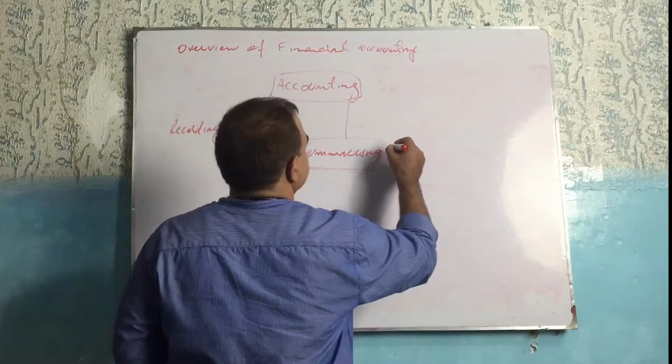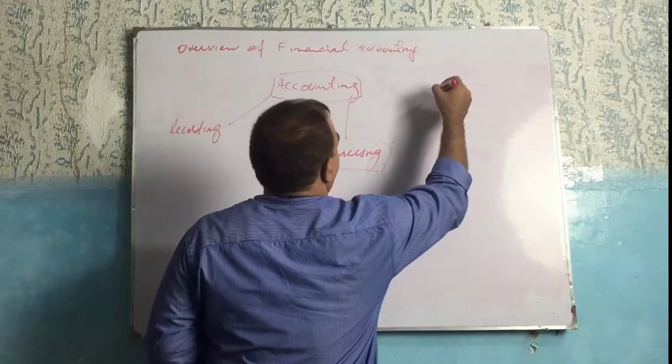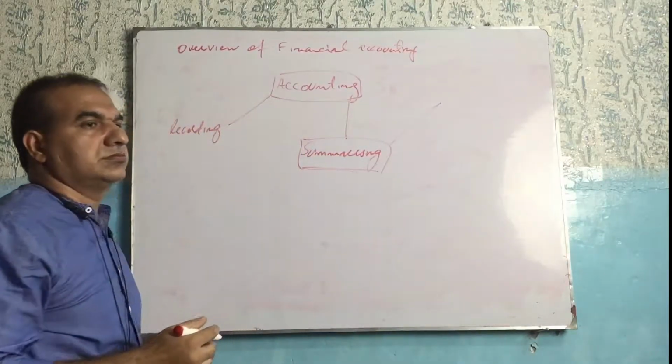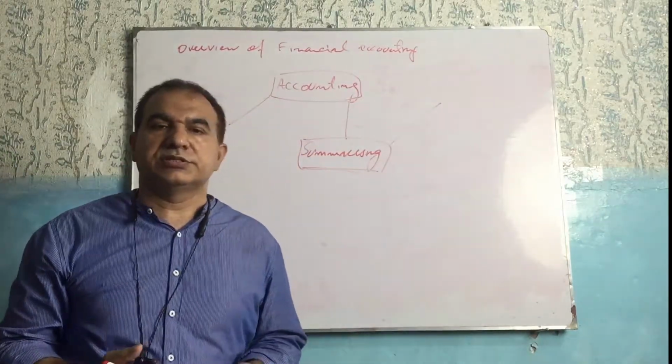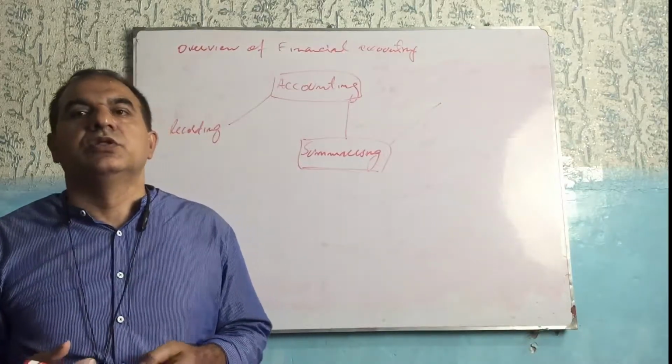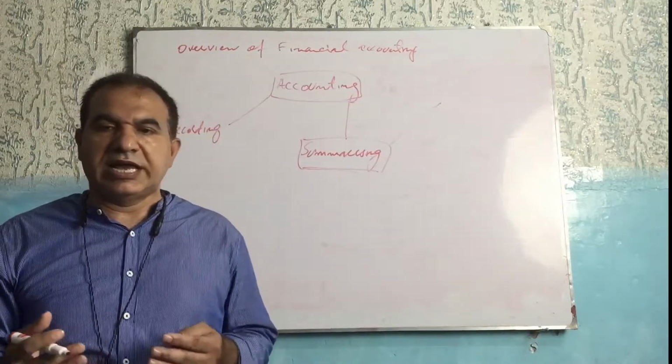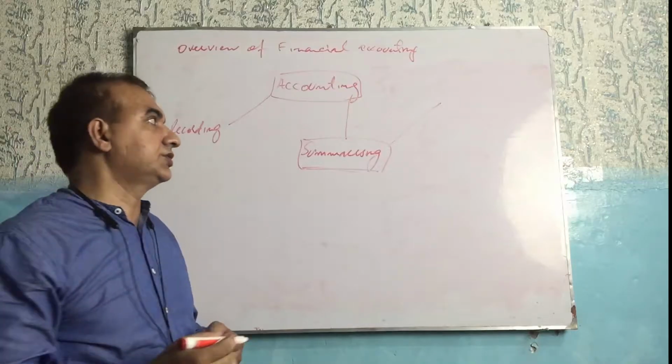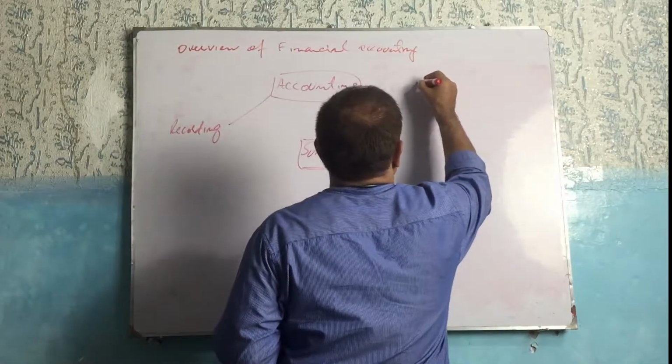When you summarize it, you use it for internal purposes like managing the business and your activities. When you do it for that internal purpose, this is called management accounting.